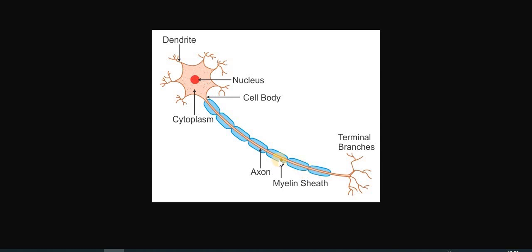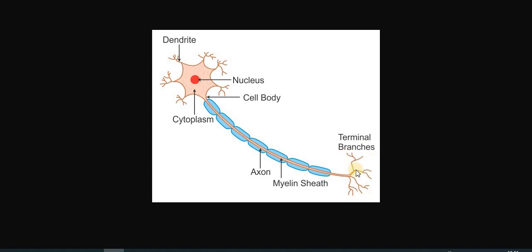After the axon, the electrical impulse reaches the end point of the neuron, called the terminal end. Then the next neuron is present. The next neuron's dendrites again carry the electrical impulse, but between the two neurons there is a gap, known as the synapse.